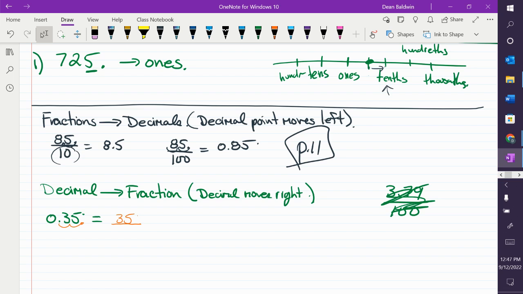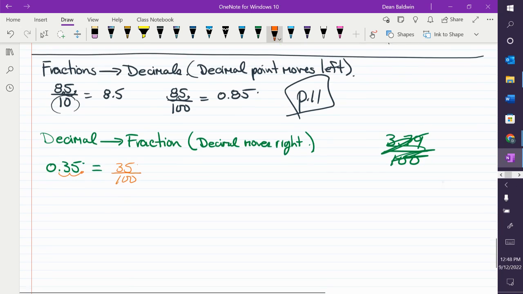Tens, hundreds. Okay, that's 2 decimal spots. So all I do is throw 100 in there. 35 divided by 100 is 0.35.